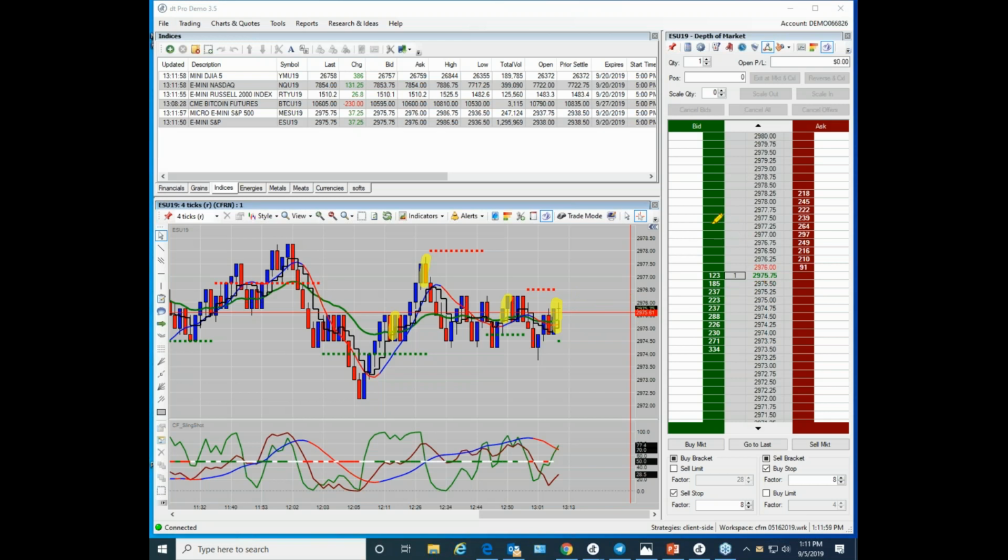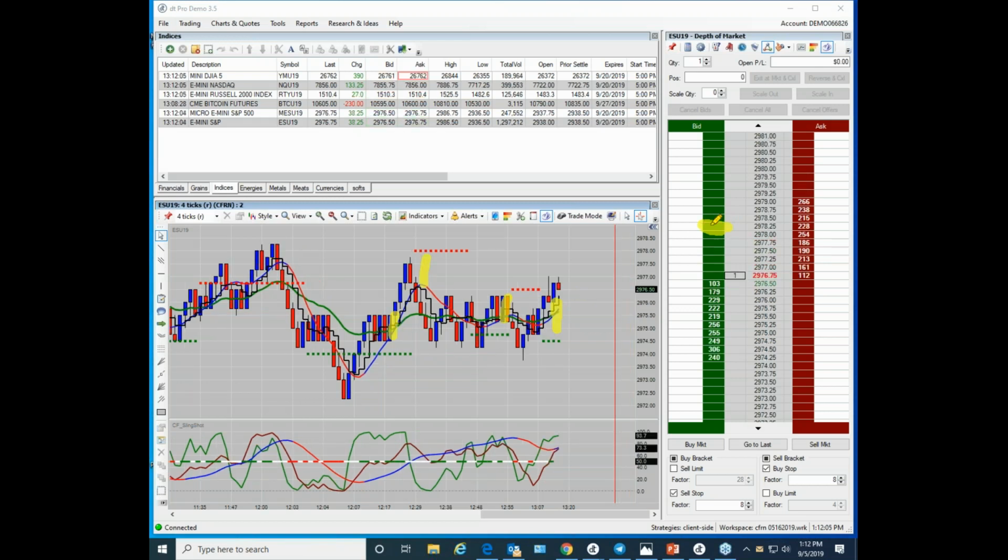What he's doing is preparing to place an order. Either he's going to get long above the current market price, or he's going to get short below the current market price. And that current market price right now is right here, and it's moving. If the market takes off, boom, he's going to be entered in on a stop, and he's going to go with the momentum of the market.